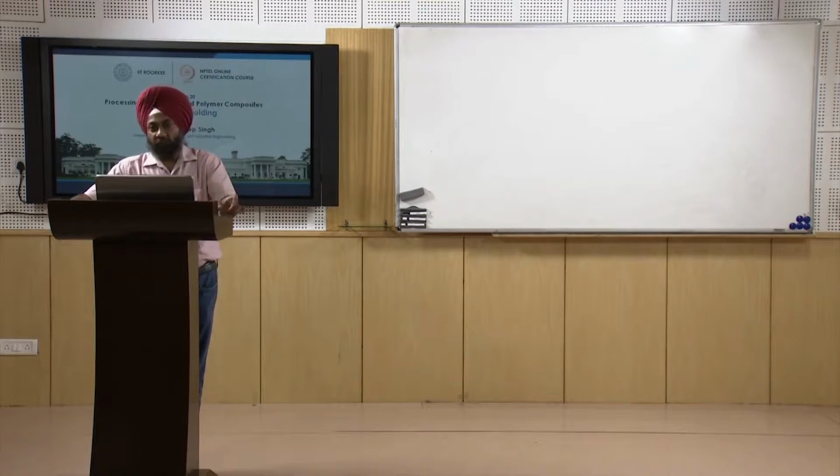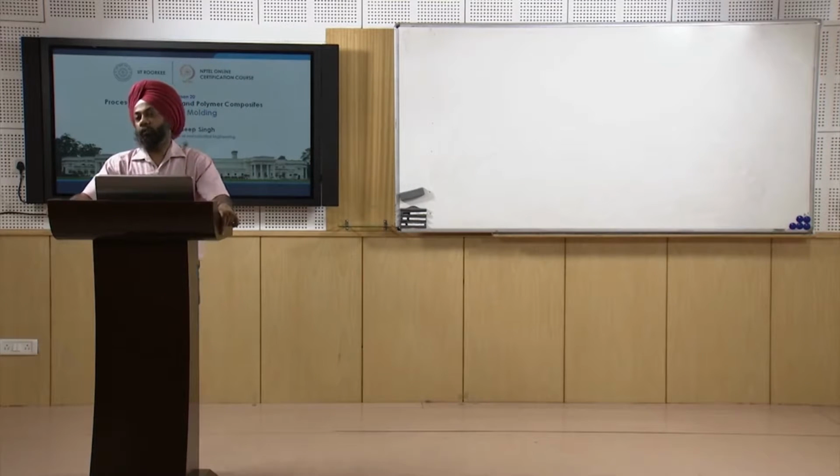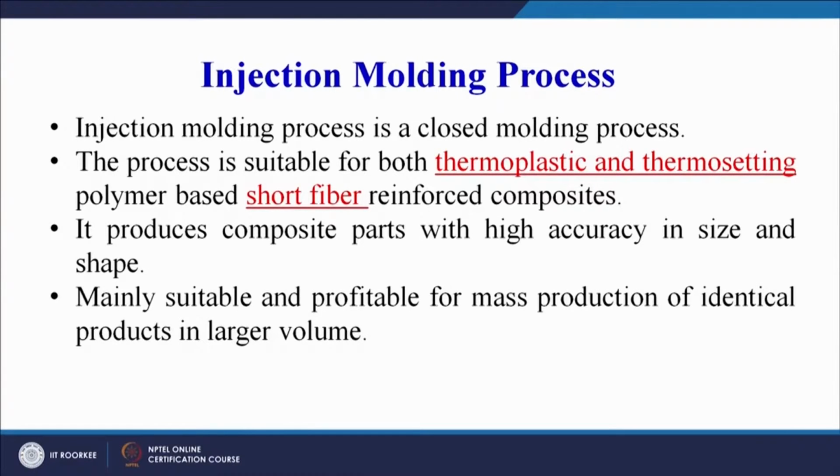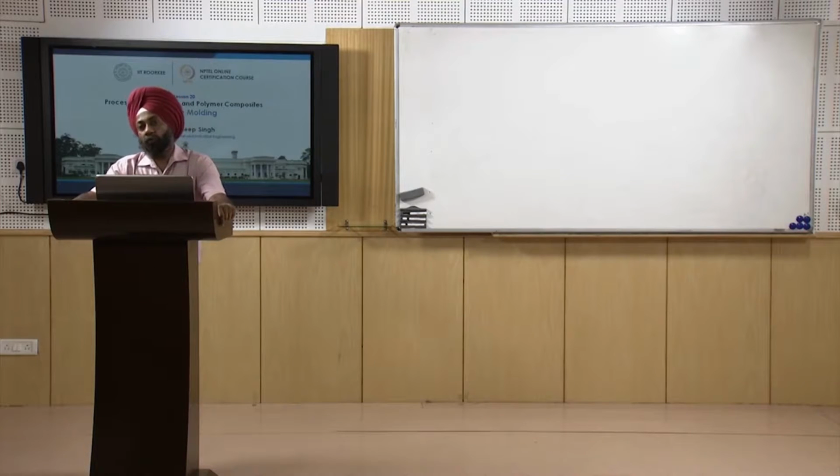Most of the applications we will see are that injection molding is used for making thermoplastic based short fiber reinforced composites. It produces composite parts with high accuracy and shape. So this is one thumb rule: wherever we have a closed mold process, there will be a characteristic advantage that we get very good surface finish and very high dimensional accuracy.